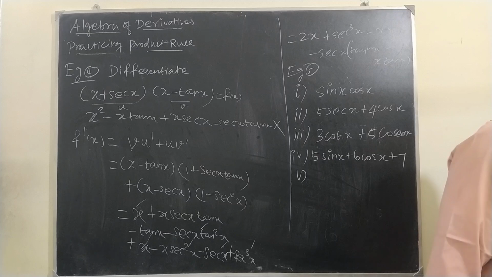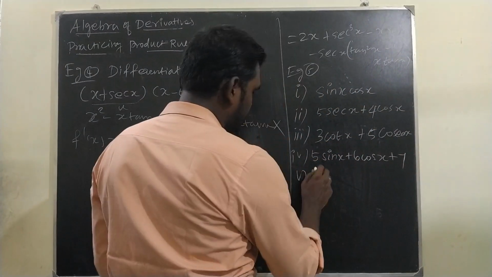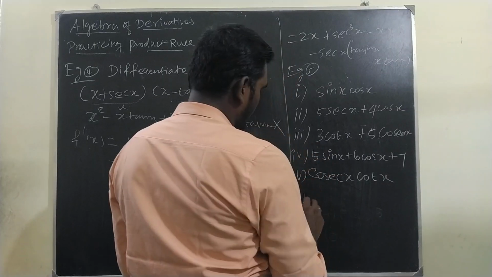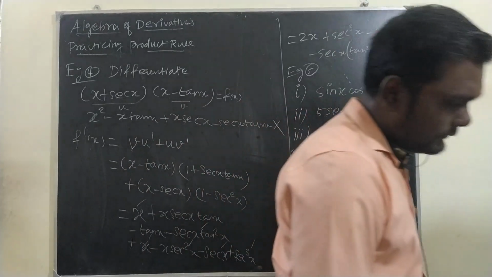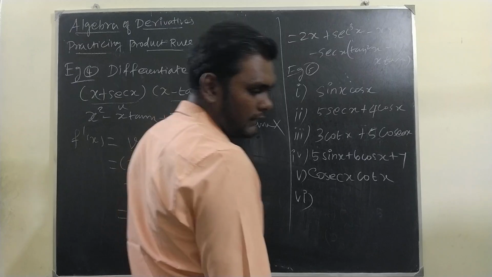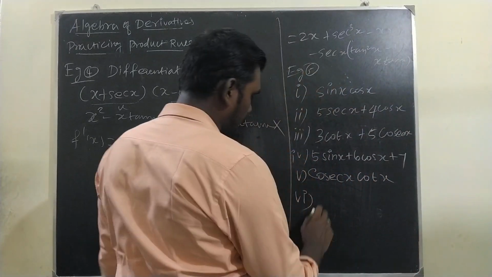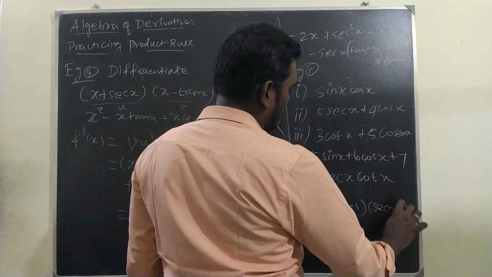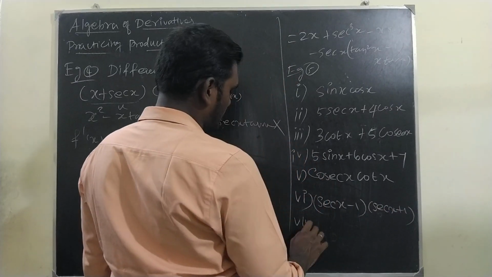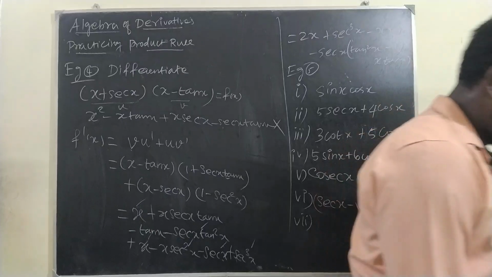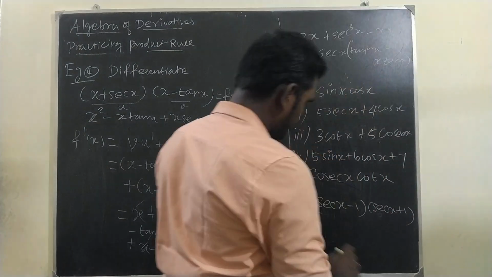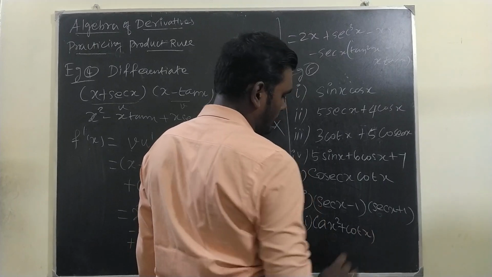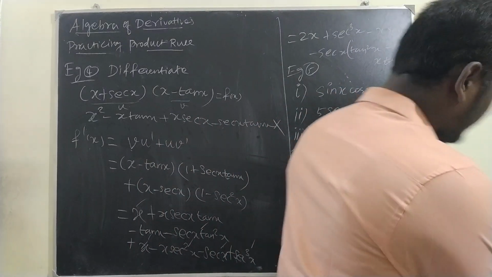Okay, up to this is enough. Cosec x cot x, and then secant x minus 1, secant x plus 1. First one UV, good.